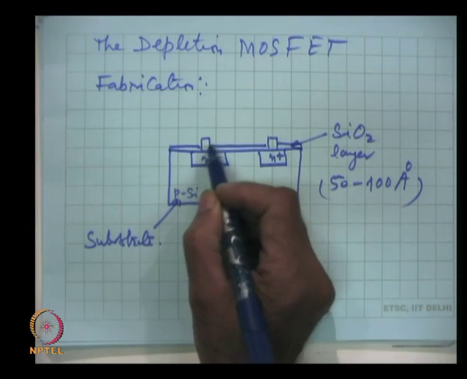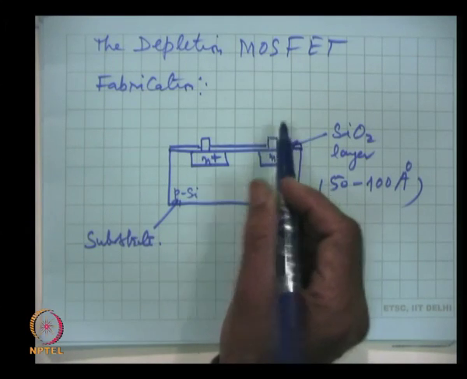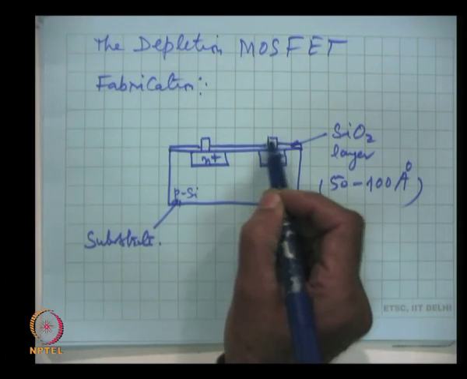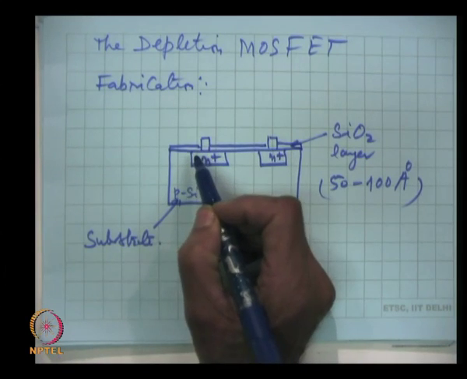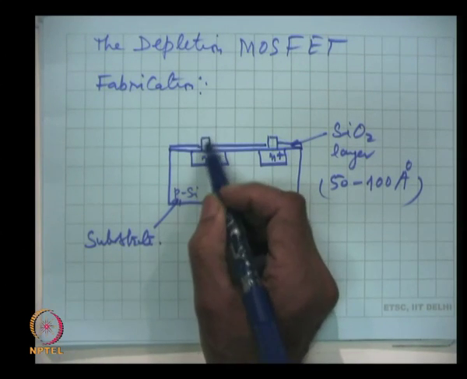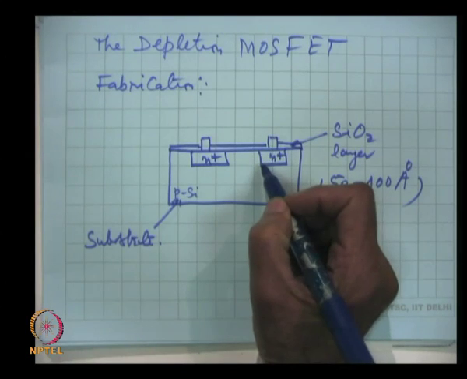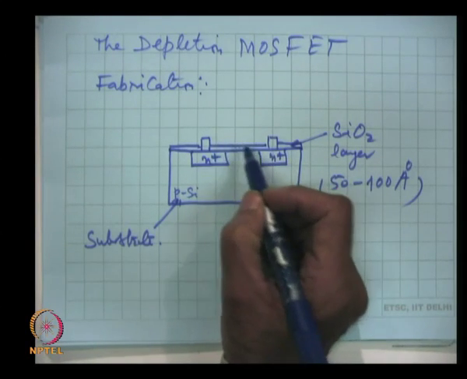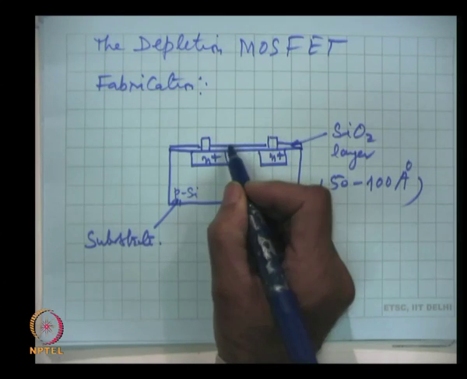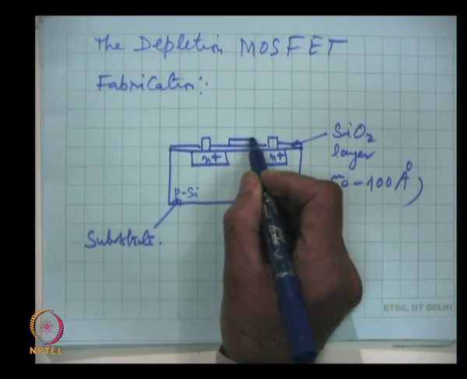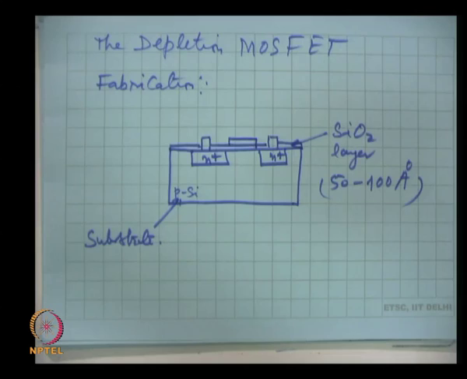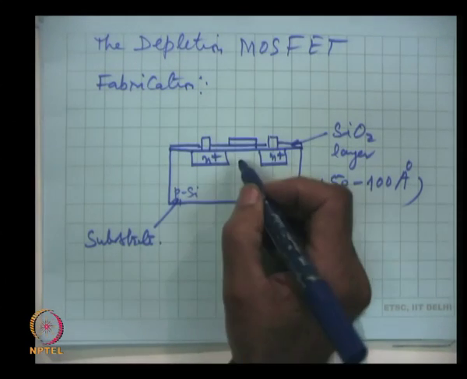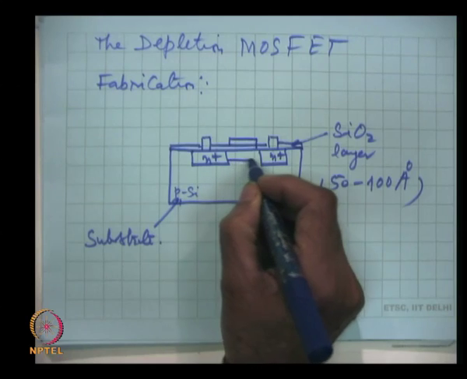two windows are obtained by etching, that means from the two regions here and here the oxide layer is etched and metal electrodes are put. These electrodes normally are of aluminum, and one electrode is put here, and before all this is done a channel is implanted here.